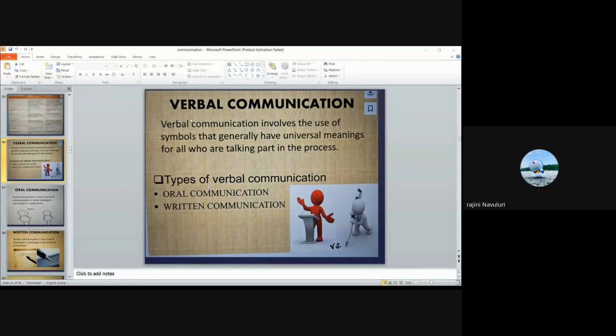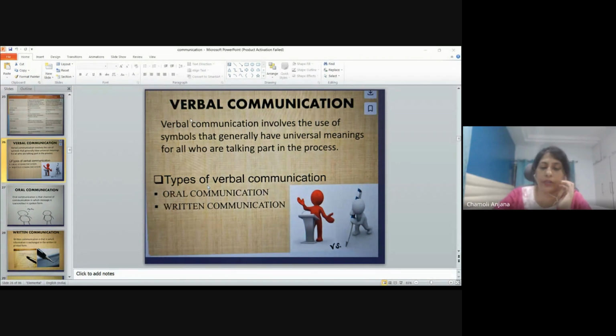Okay, thank you. So yesterday we saw what communication is, and we started with the different types of communication. We saw what formal and informal communication are, the process of communication, and the different elements of communication.